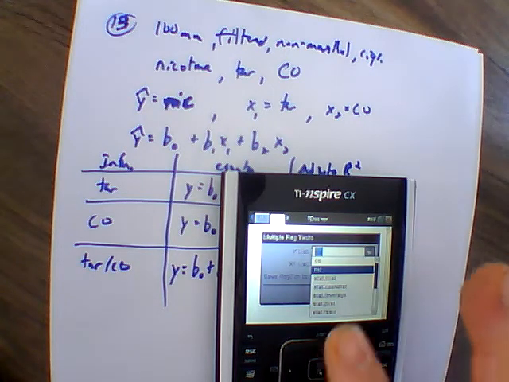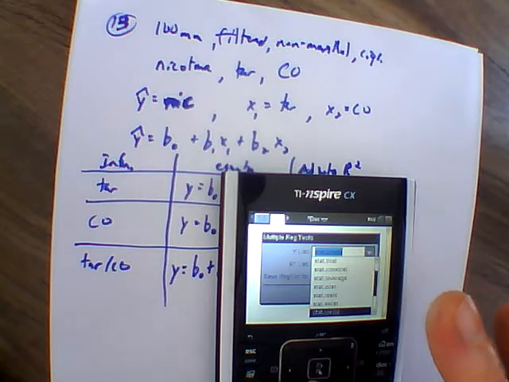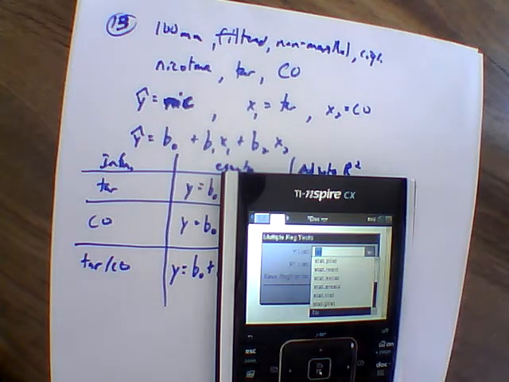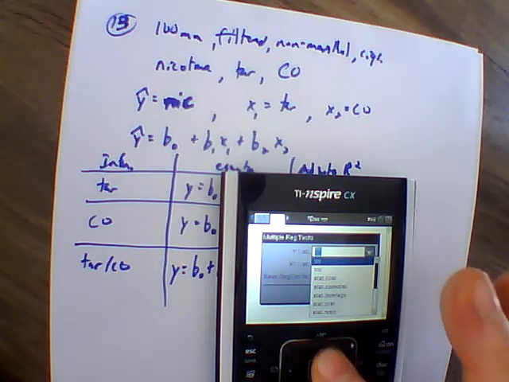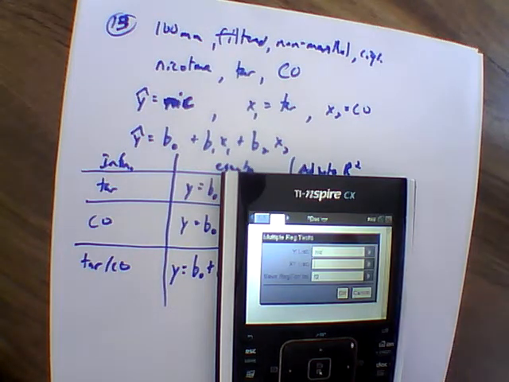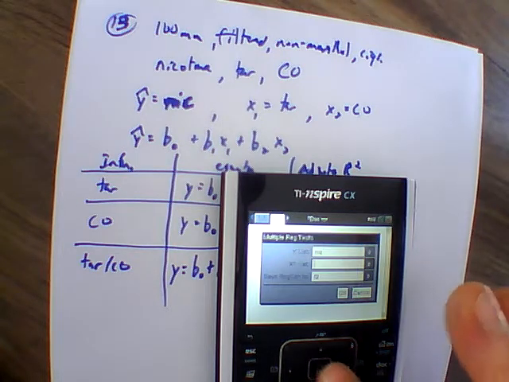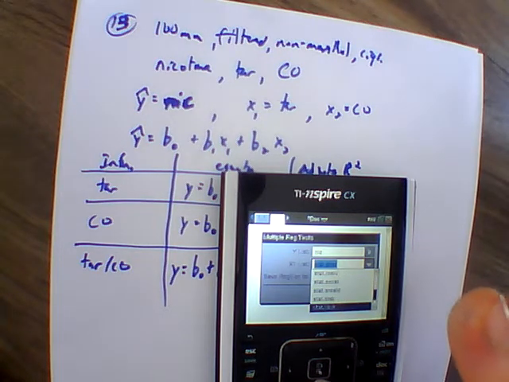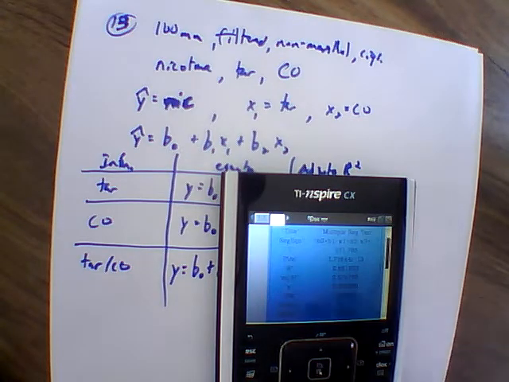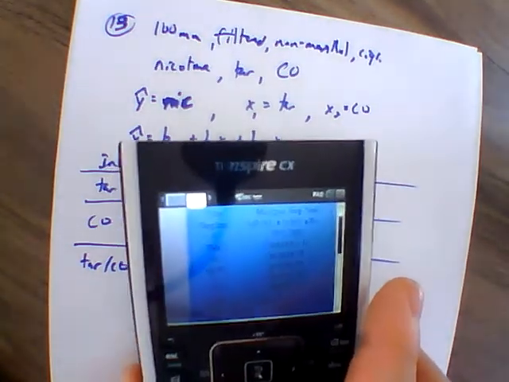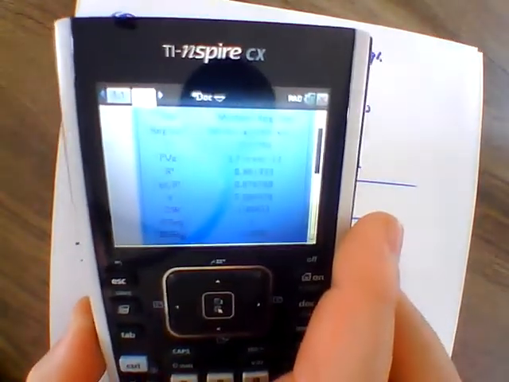And then I had tar, arrow down here, tar was my first. Nicotine, sorry, forgot to arrow down to my X. Now I'll go down to my tar, and we see that right here, let me get that to where you can see it.